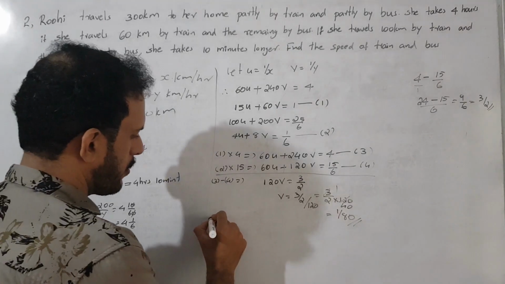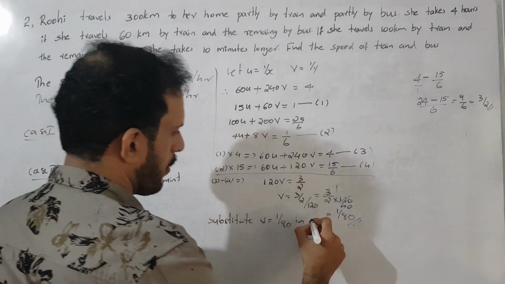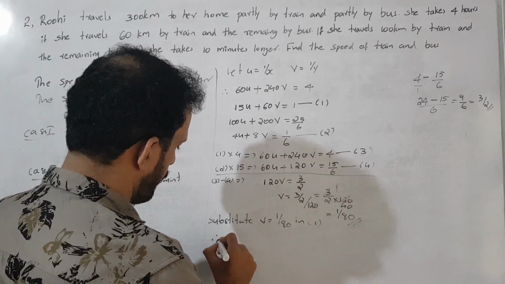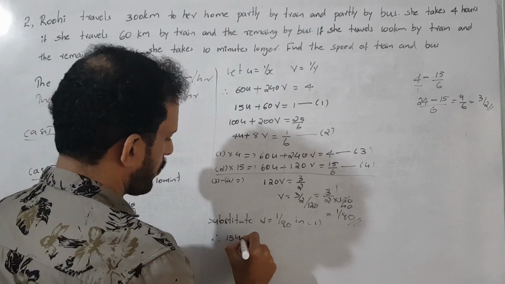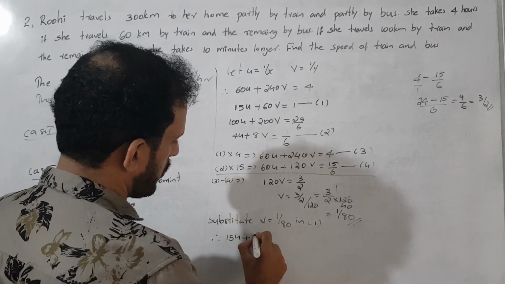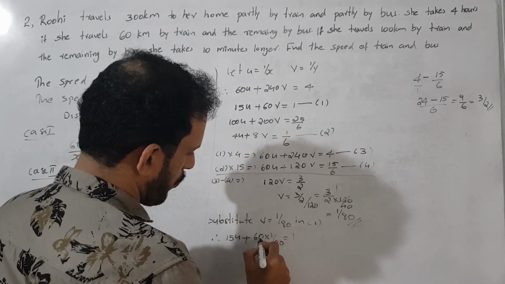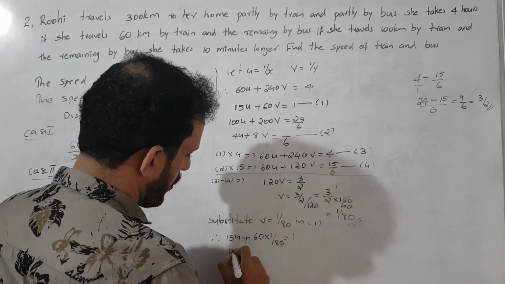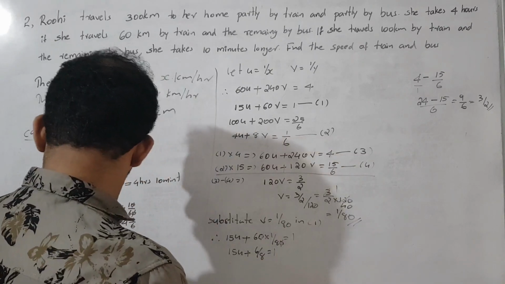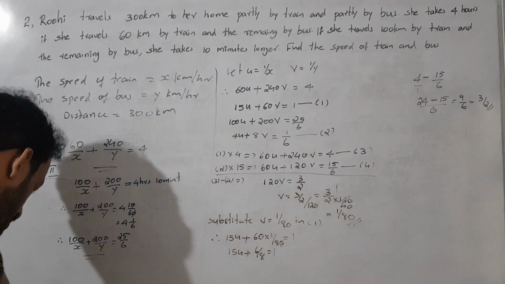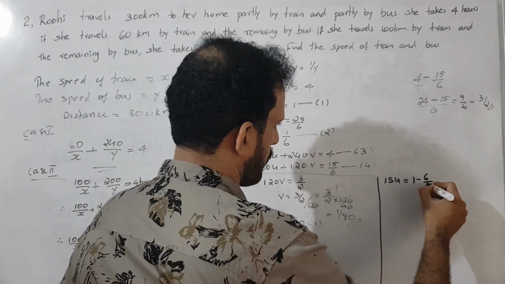The next, substitute v equal to 1 by 80 in equation 1. Therefore, 15u plus 60 into 1 by 80 is equal to 1. So we cancel 0 and 0. 15u plus 6 by 8 is equal to 1. The next is 15u is 1 minus 6 by 8.